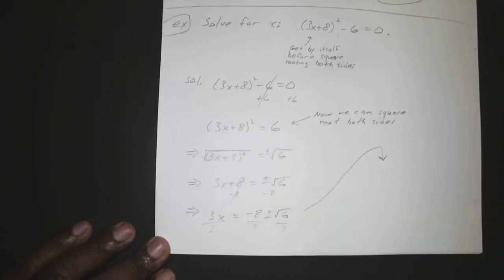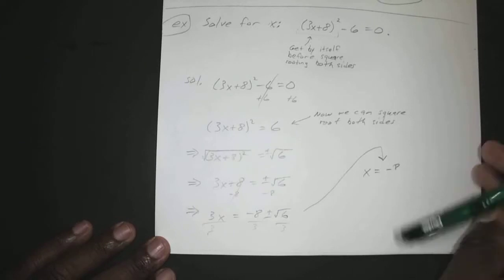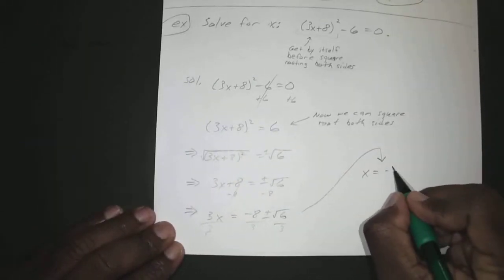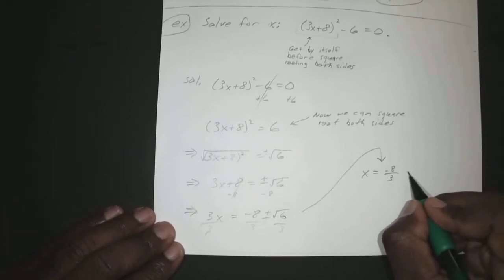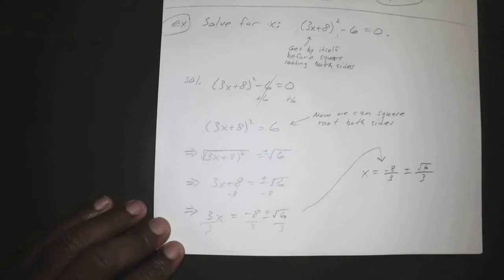Anything divided by itself is just 1. So you have x equals negative 8 over 3 plus or minus the square root of 6 over 3.